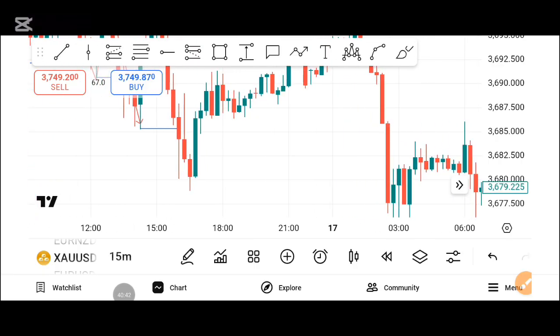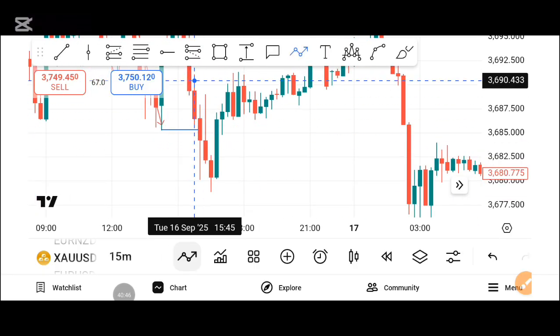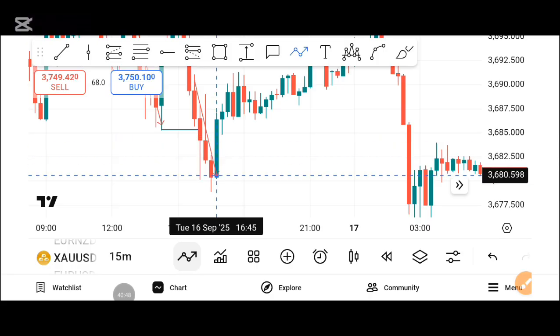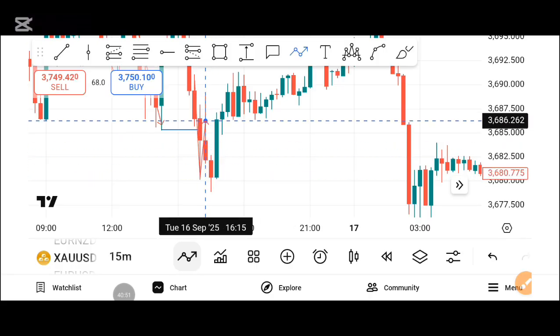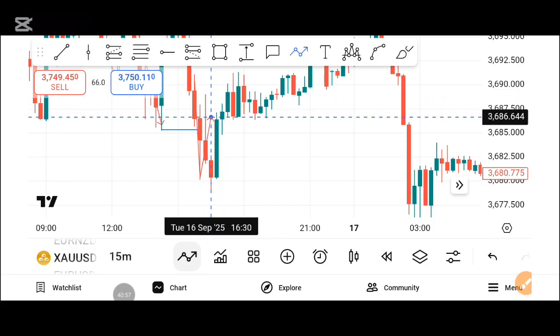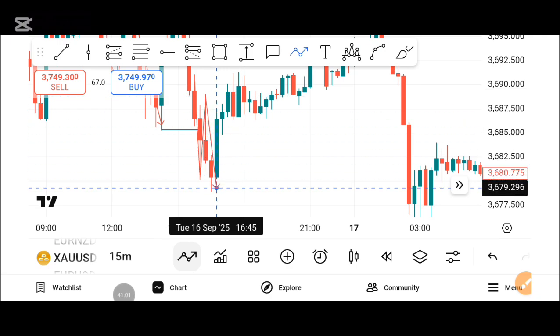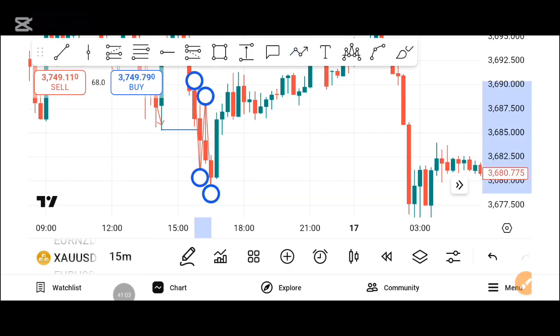Look at another inducement again. Here there was a valid pullback, price came like this, and retraced back to take out the high of this candle. This is a valid pullback, guys. After this retracement, price closed above it, so there was an inducement there.